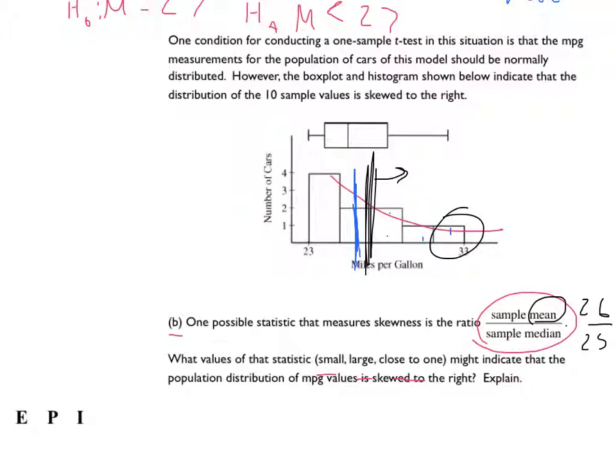If the mean is divided by the median and the mean is bigger, then you would say my statistic is greater than 1. And the reason that it's greater than 1 is because the mean is larger than the median when a graph is skewed to the right.